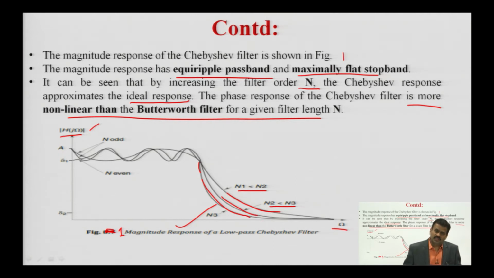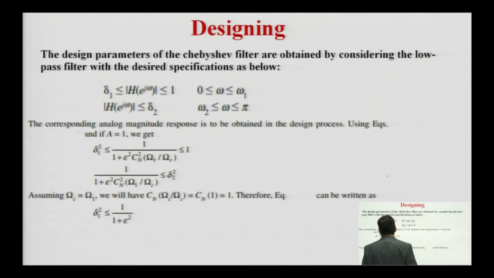But if you see the phase response of both filters, it goes towards non-linearity as you increase n. So in Chebyshev it will be more non-linear than Butterworth with increasing capital N. This is the difference between Chebyshev and Butterworth filter designing.